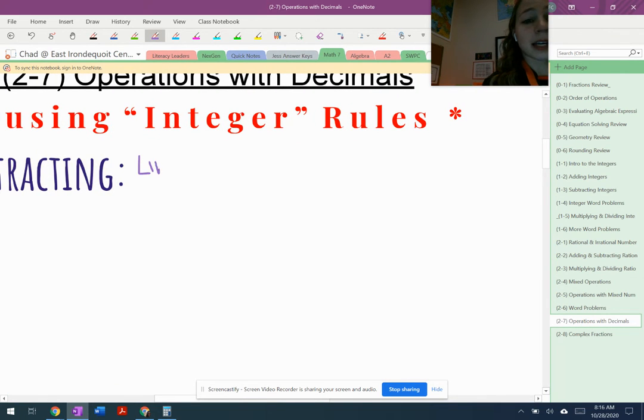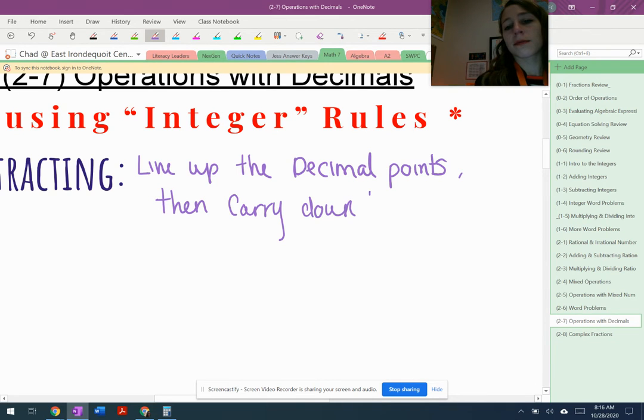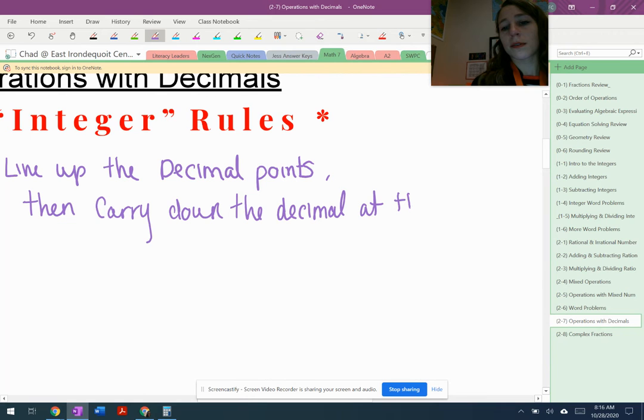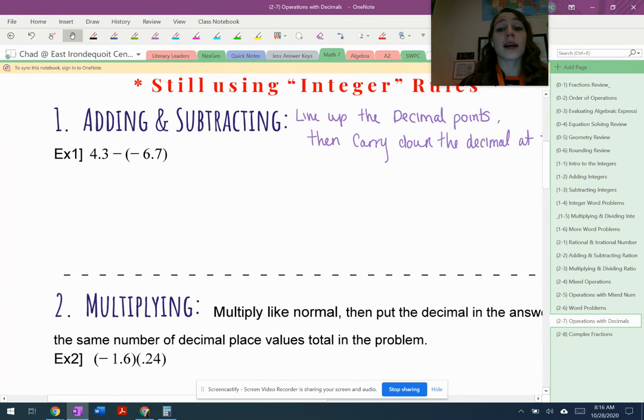You want to line up the decimal points, and then just carry it down at the end. So you line those decimal points up, and then you do the math as normal, and then just carry down that decimal point wherever it was at the end.